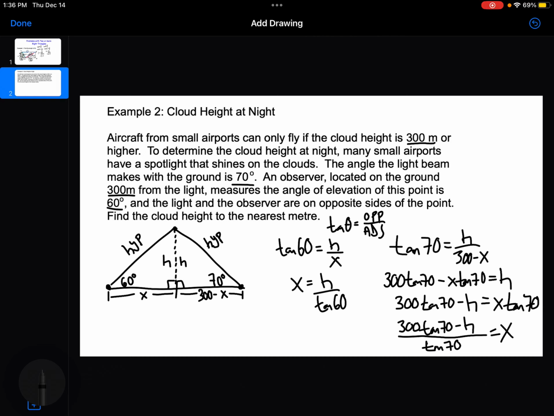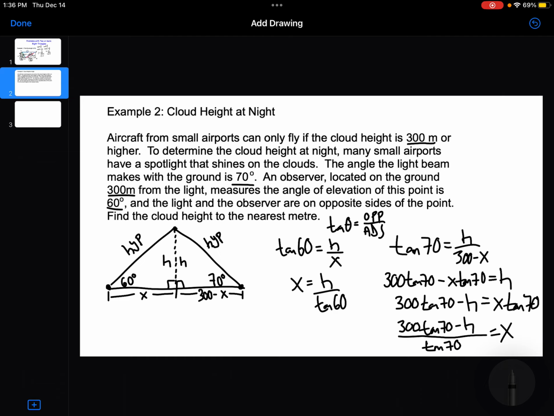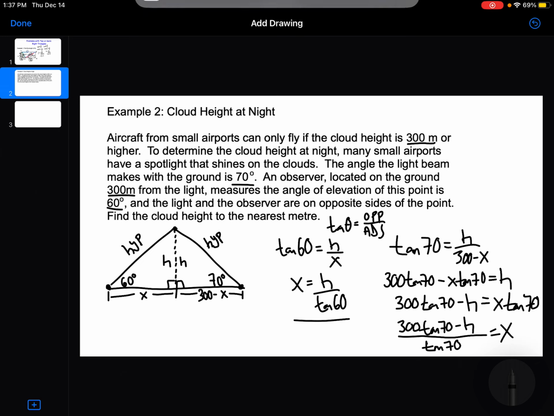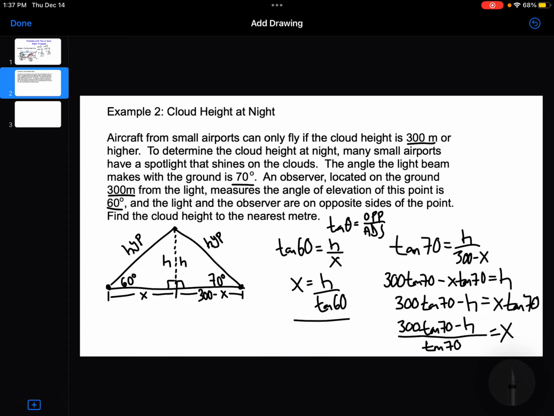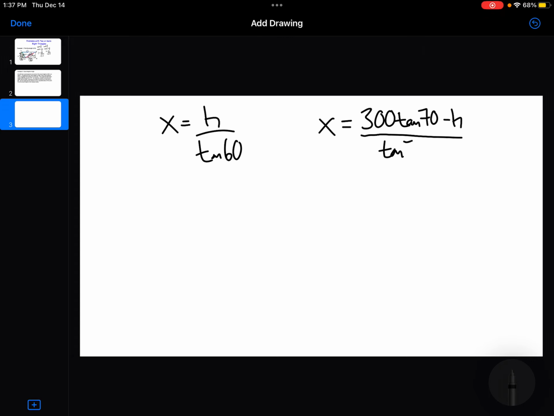Now, if I look at those two values, I can create a system of equations where I know that x and h are the same for both of these equations. So if I've got x equals h over tan 60, which was this one, and then x equals 300 tan 70 minus h all divided by tan 70, knowing that tan 70 is just a number, I can set those equal to each other.